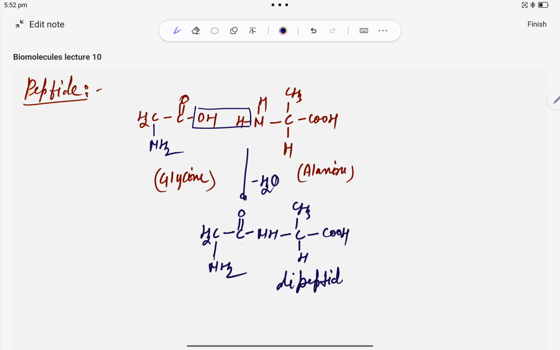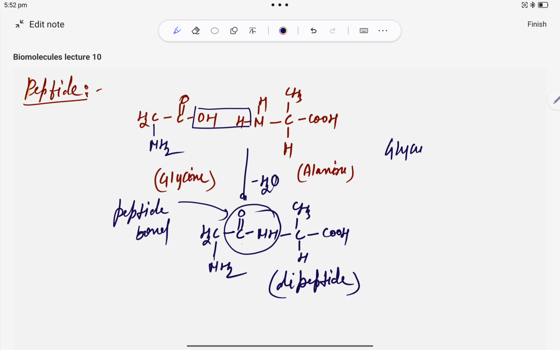Dipeptide. Two amino acids connected. And this is your bond, the peptide bond. This is the peptide link, or peptide bond. What will be the name? Glycyl alanine. That will be the name.